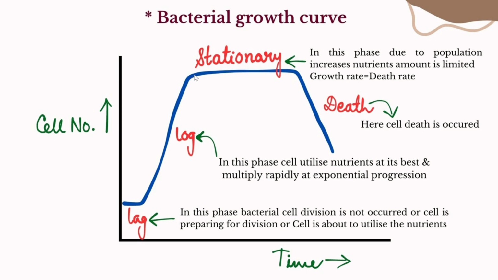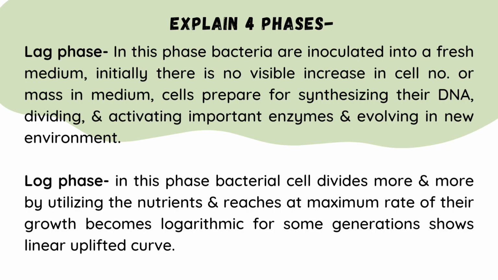Just after the log phase, the growth curve becomes horizontal. It indicates that the overall cell population reaches a point where no more nutrients are available, and the environment becomes unfavorable for the other cells which are about to divide. I am saying that because every bacterial cell has a different time for division or different generation time.